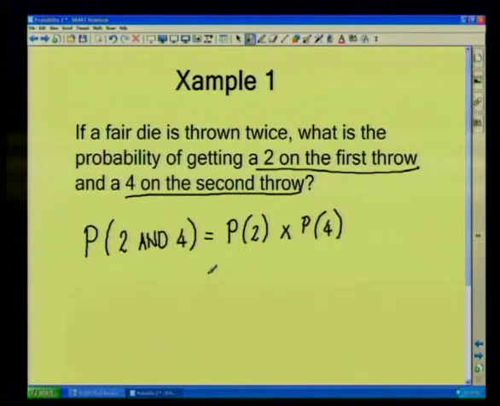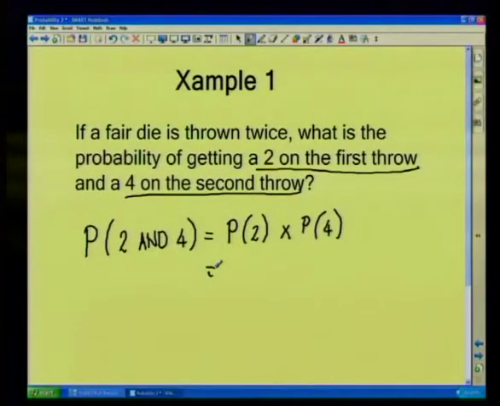Okay, so let's think back to our basic probability. If I've got a fair dice, how many faces does a fair dice have? A fair dice has 6 faces. How many of those faces are a 2? I've only got one face that is a 2. So if I threw my dice, what are the chances of getting a 2?